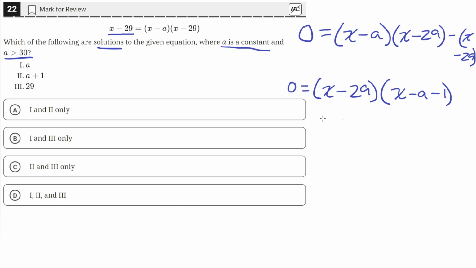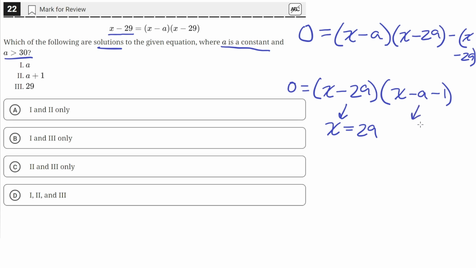Now we have this expression here, and we can see that one of the solutions is x equals 29, because when x is equal to 29, 29 minus 29 is 0. So 0 times this quantity here will just be 0 as well, which satisfies the equation. Left and right hand sides will both be equal.